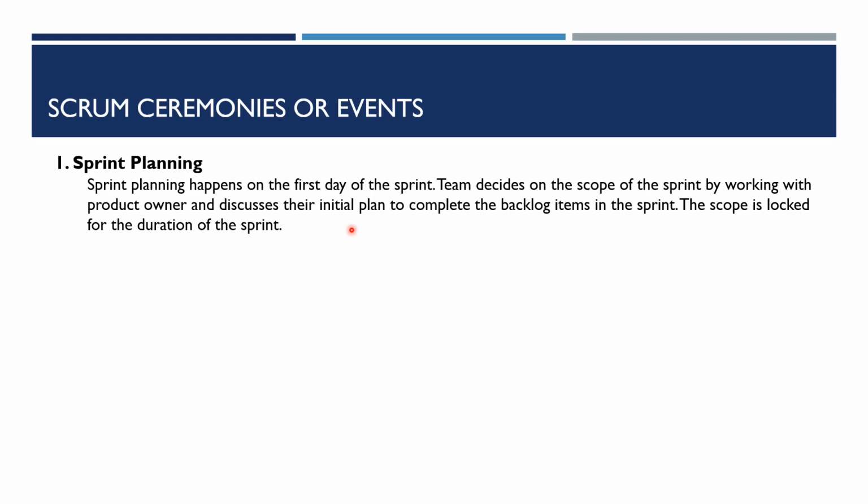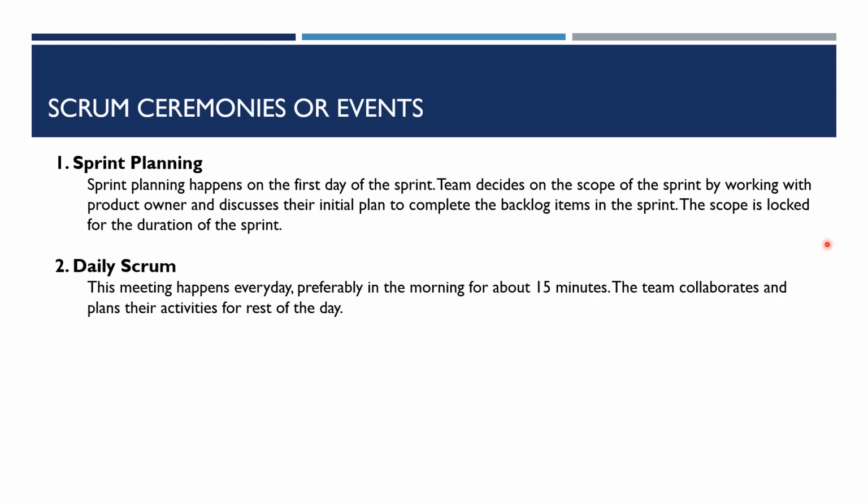They pick those stories one by one, and they define the scope of the sprint. So that scope is locked for the duration of the sprint, whether it's 1 week or 2 weeks or 3 weeks. That's the sprint planning. That's the first ceremony of Scrum.